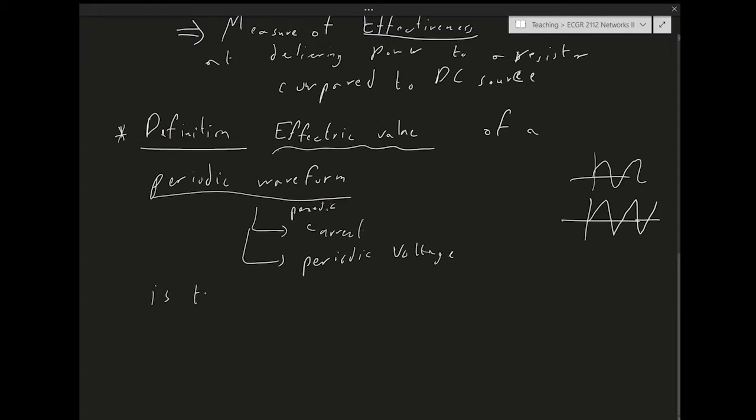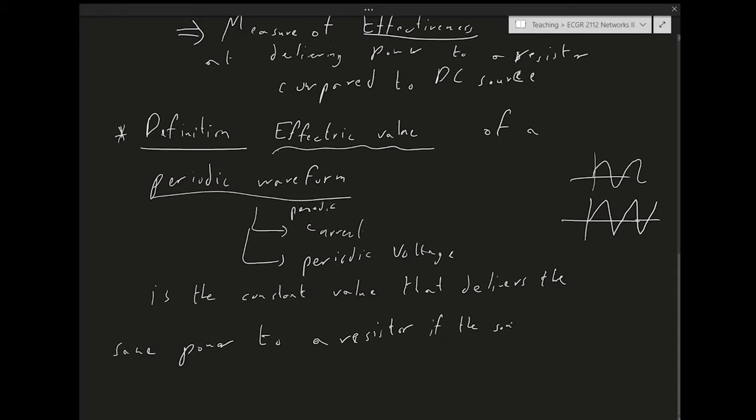So the effective value of a periodic waveform is the constant value that delivers the same power to a resistor if the source is assumed to be DC, right?